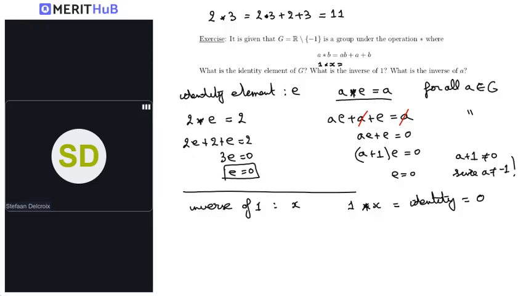So a star b is ab plus a plus b. So 1 star x is 1 times x plus 1 plus x. And that should be 0. Solve for x. What do you get for x?